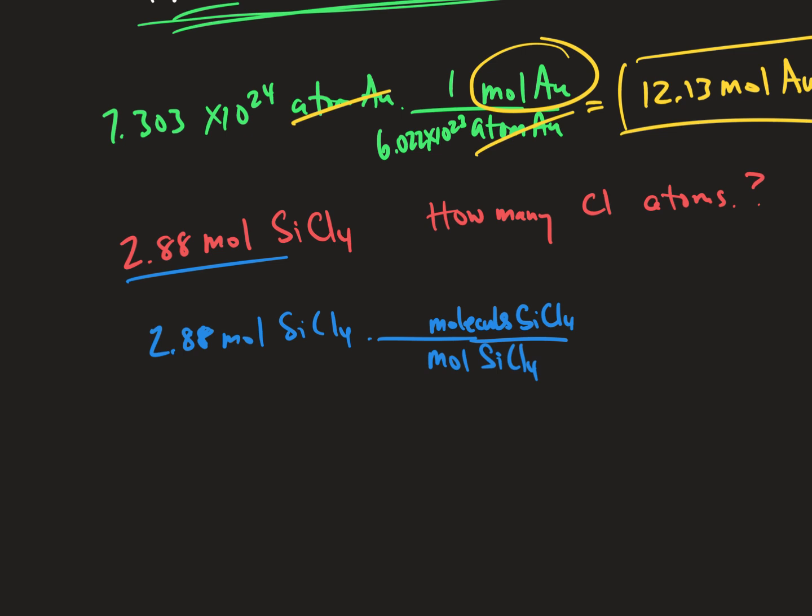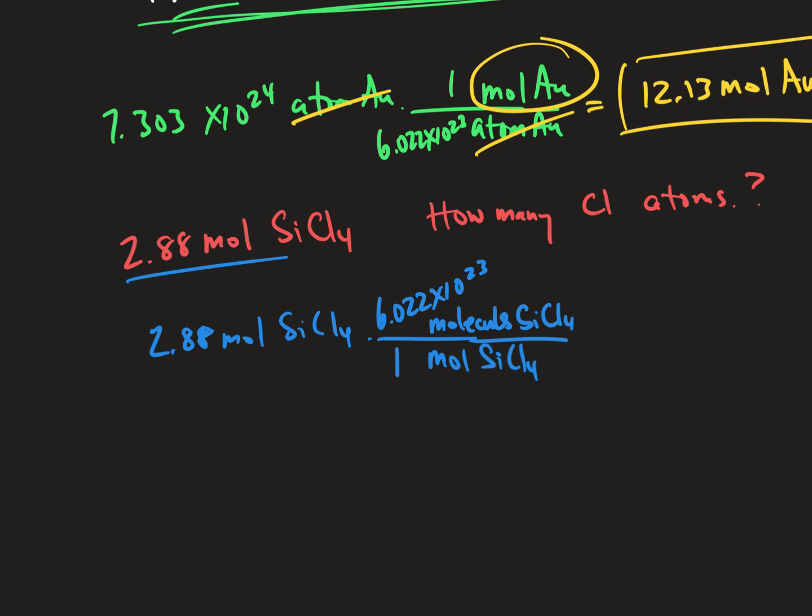All right, now what numbers do we use? What number goes on top? Yeah, 6.022 times 10 to the 23 molecules or particles is the same as how many moles? 1 mole.